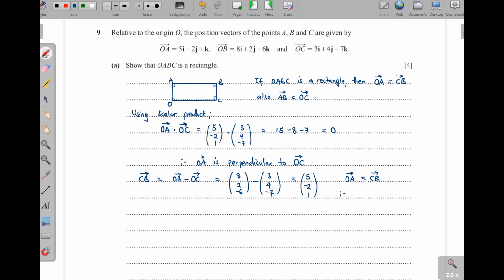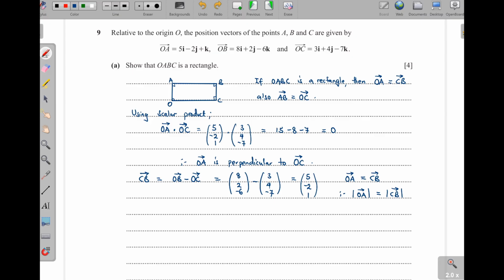So this, of course, means that the length of OA will be equal to the length of CB. As simple as that. Then what else do we need to find? Remember, to prove that it is a rectangle, we need to find a scalar product of a pair of adjacent sides, just like we have looked at this one and then this one.